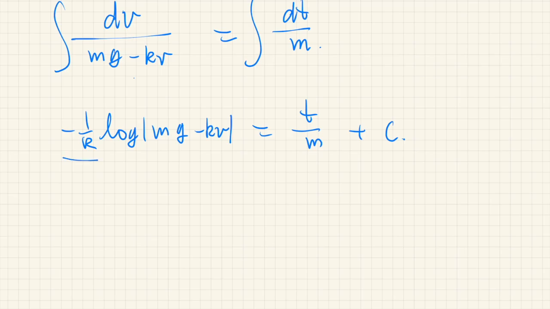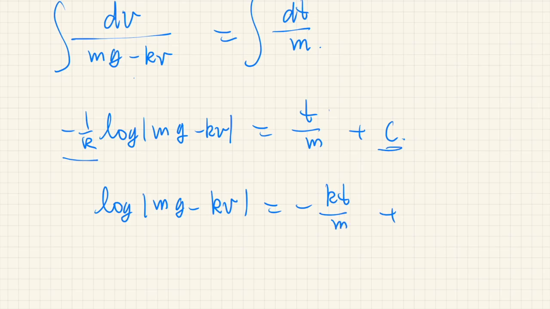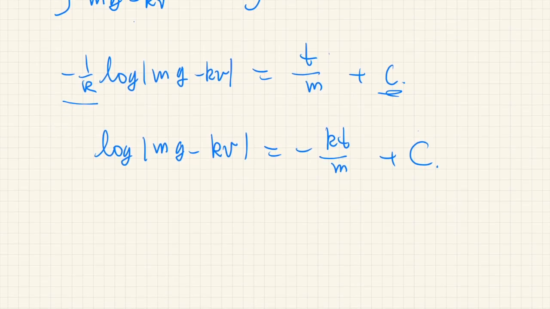Let's move this negative k to the right hand side. So log of mg minus kv equal to negative kt over m. Let's redefine this constant by multiplying by the negative k. A constant is still a constant when multiplied by a constant.